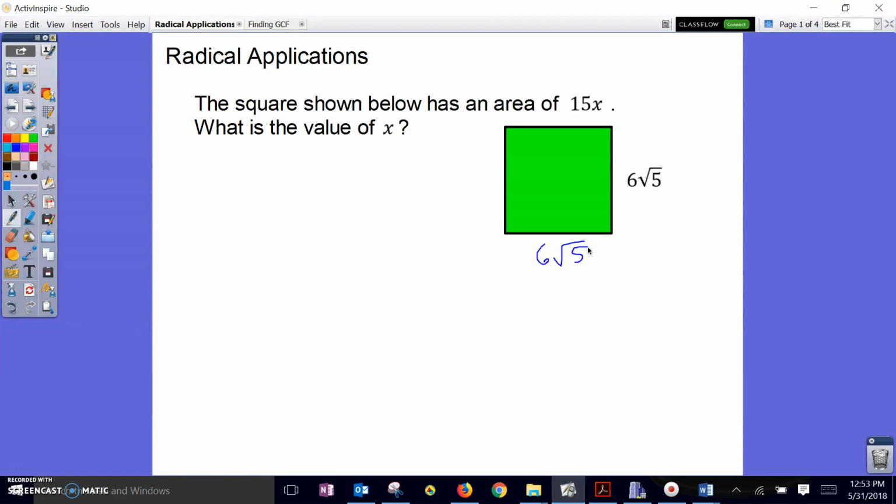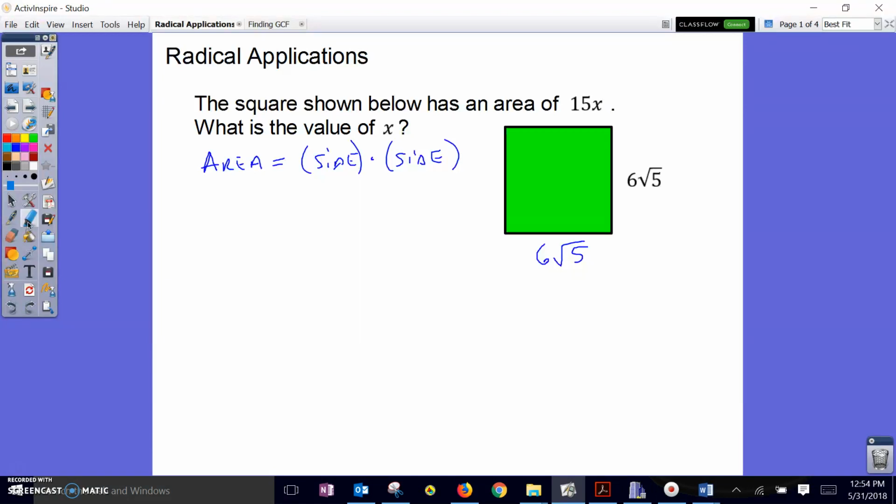Well, we know that the area of a square is equal to the length of the side squared, or length of the side times length of side. And so we can use that information along with what's given to write ourselves an equation that we can fairly easily solve in order to find the value of x here.